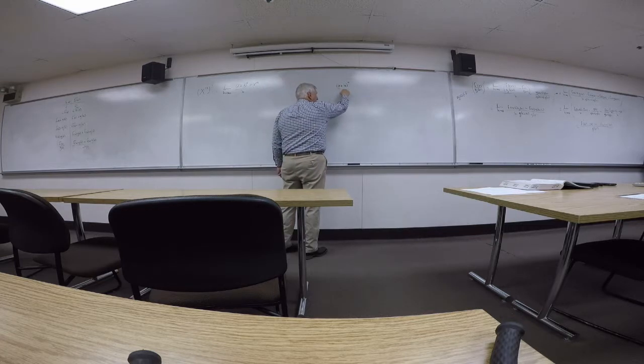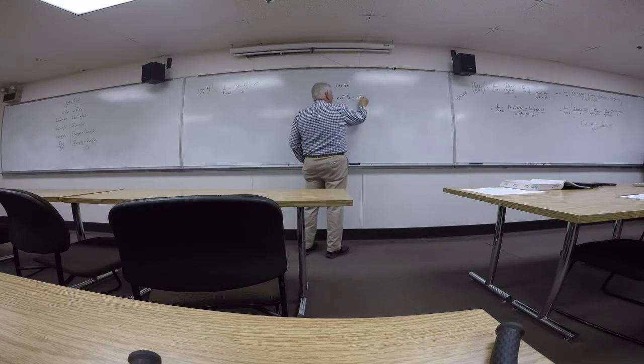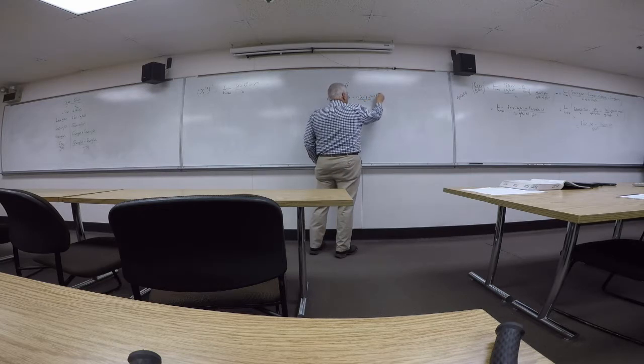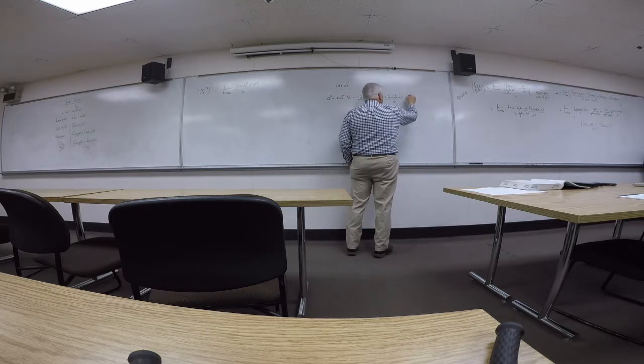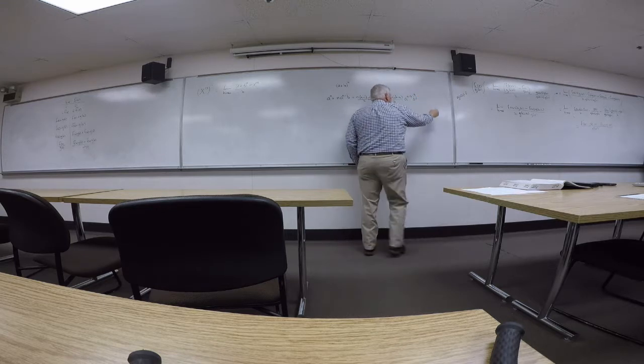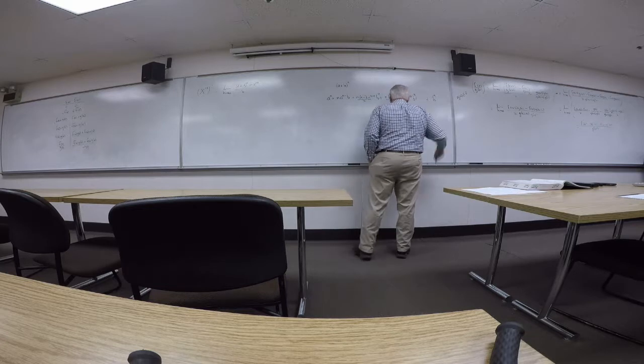that a binomial raised to a positive integer power, a to the n plus n times a to the n minus 1 times b plus n times n minus 1 over 2 times a to the n minus 2 b squared plus n times n minus 1 times n minus 2 over 6 times a to the n minus 3 b cubed plus and so on, till finally we get the last term, which is b to the n.